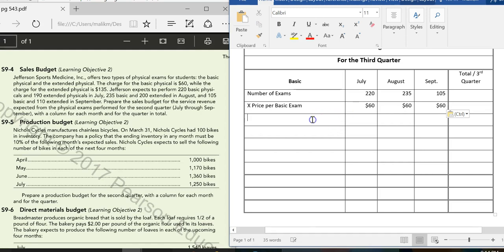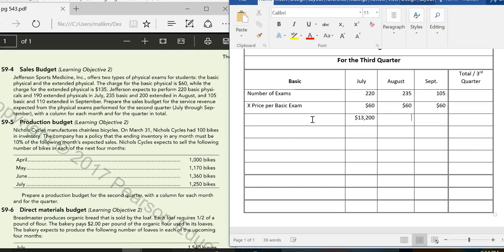So if you have your calculator, please do the calculations. Let me check with my calculator. 220 multiplied by 60. And I got for the month of July, their service revenue or sales revenue will be 13,200.